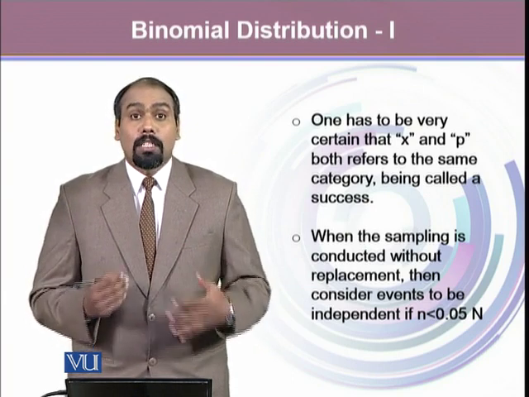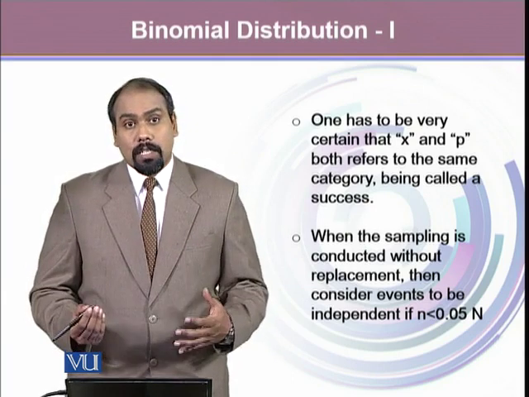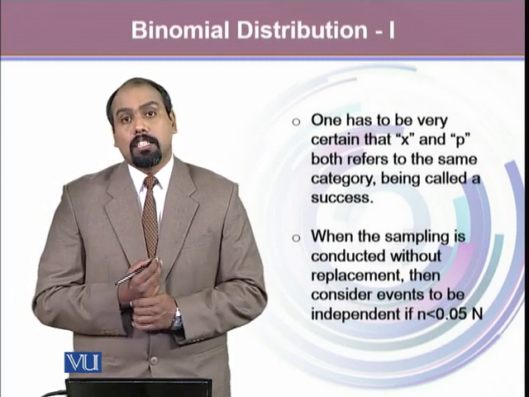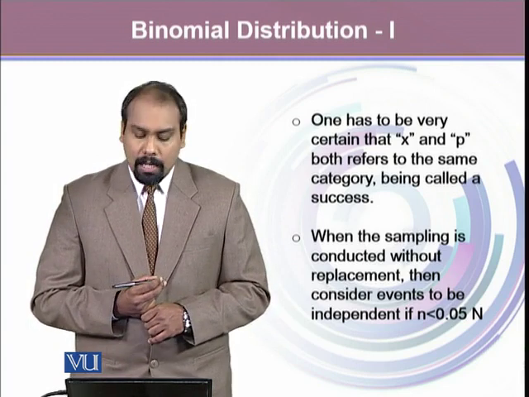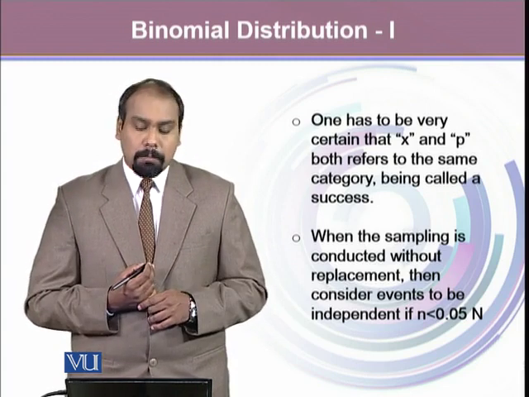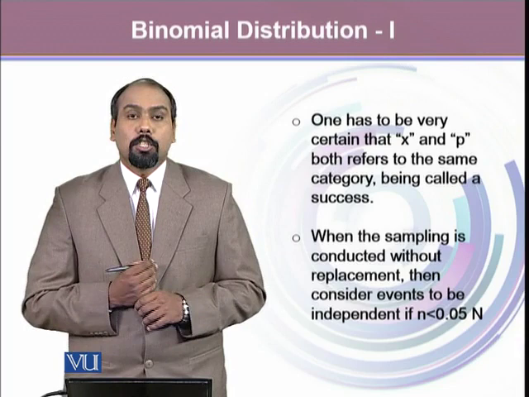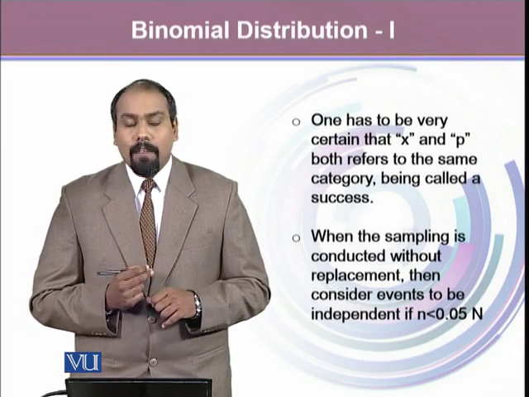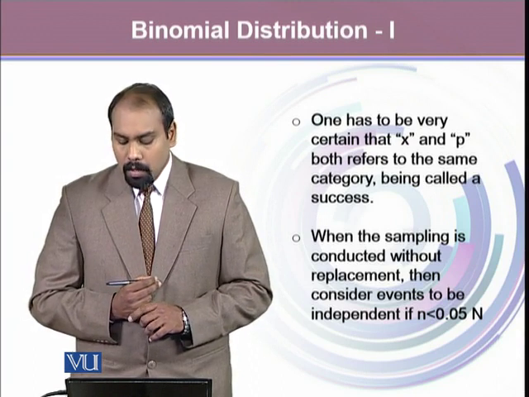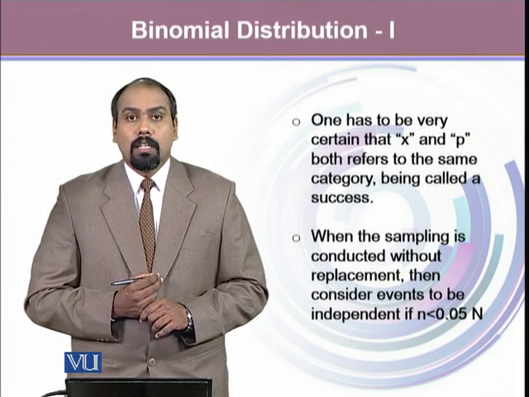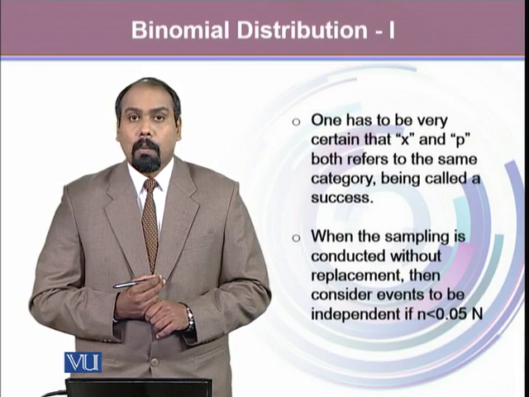Having a disease could sometimes be an event of interest, and an event of interest is considered to be our success. Similarly, when the sampling is conducted without replacement, then consider events to be independent if n is less than 0.05 times N, capital N, which is the population size.